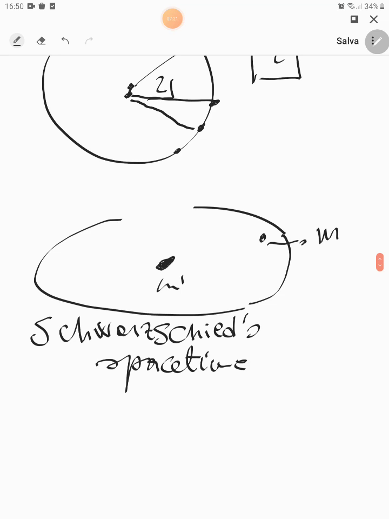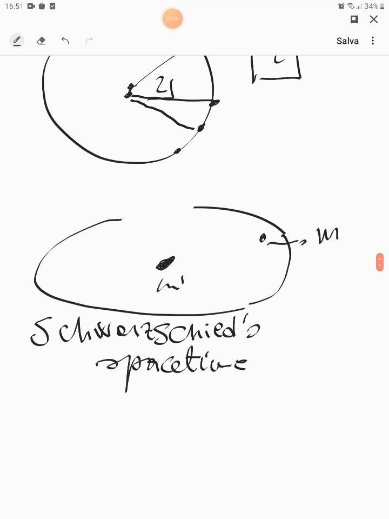This body can move in the spacetime, and we can describe the motion of this particle, of this body. Which is the equation that can describe the motion of a particle in a Schwarzschild spacetime, a spacetime described by a Schwarzschild metric?